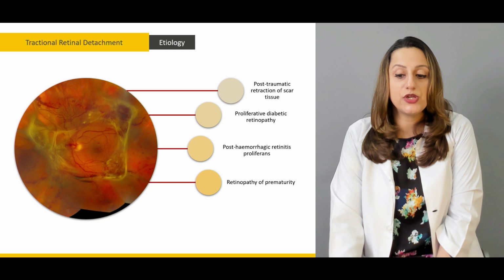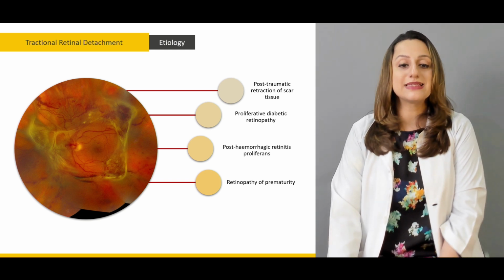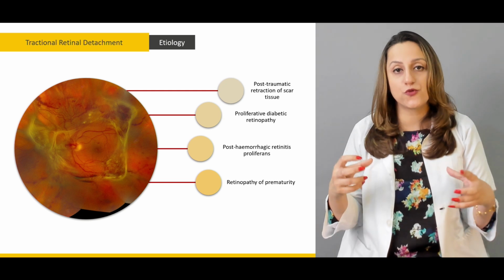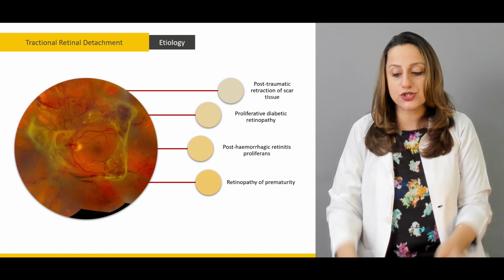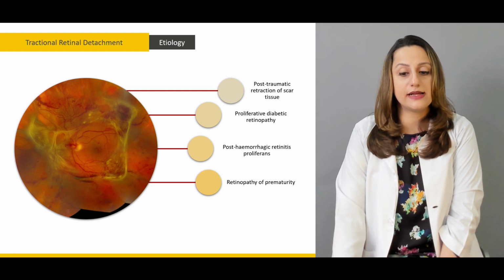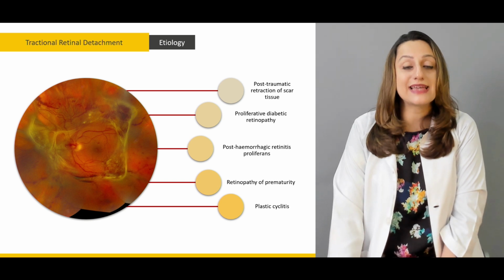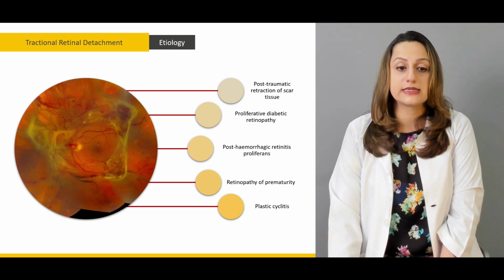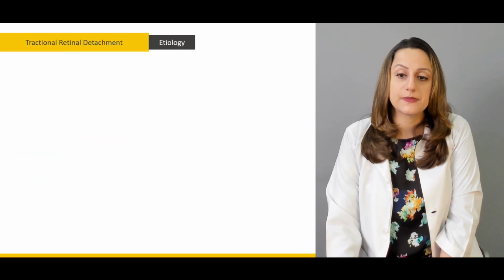And then we can have the retinopathy of prematurity. So these can basically result in a tractional force on a retina which is already predisposed, and these tractional forces can result in the tractional kind of retinal detachment. Plastic cyclitis is one of the causes as well for this kind of tractional retinal detachment.